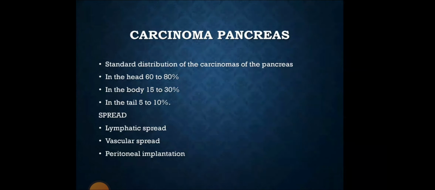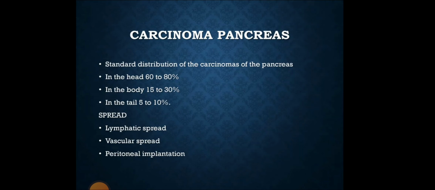Then the spread is described. Local spread we have discussed, meaning the adjacent organs are involved. Then lymphatic spread from the body, tail, and head will move to the pancreatic or duodenal group of lymph nodes, the lymph nodes at the porta hepatis, and the hepatic group. So many adjacent lymph nodes are easily involved by lymphatic spread.